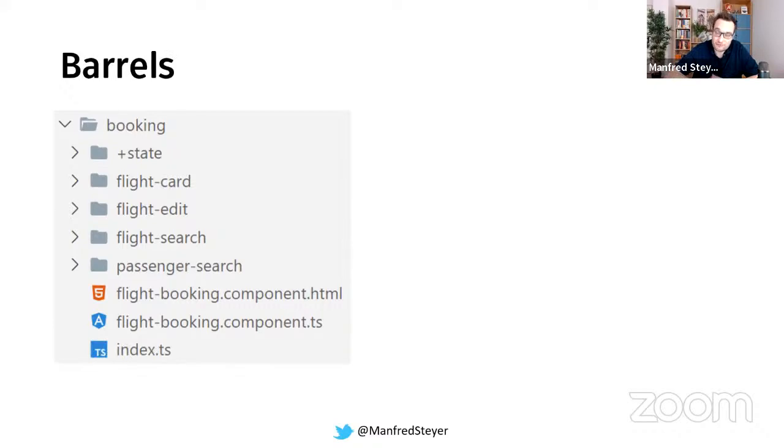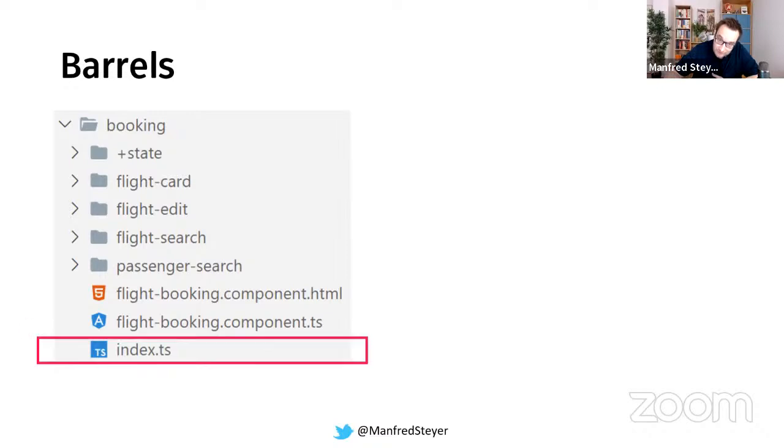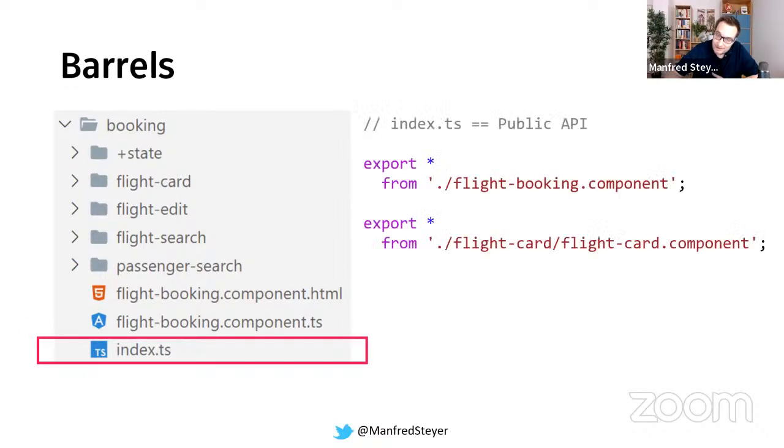An index.ts, for instance, that is your public API. A public API that defines everything other parts of the application are allowed to use. This brings information hiding to the game, because now you can define what other parts are allowed to use, and everything else is your little tiny secret.